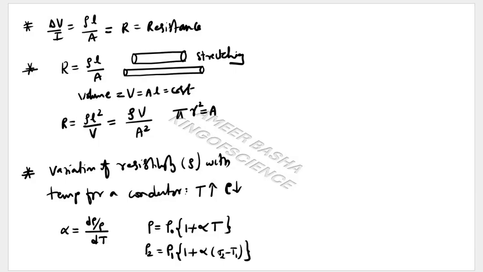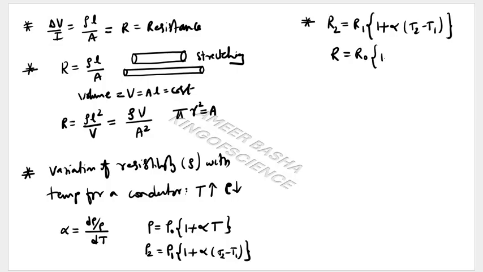If I ignore the change in length and area with rise in temperature, resistance R2 also can be written as R1 into 1 plus alpha into T2 minus T1. So alpha is the temperature coefficient of electrical resistance, that is R is equal to R naught if the initial temperature is 0 Kelvin, then I can write something like this. So for conductors with increase in temperature, resistivity will increase.